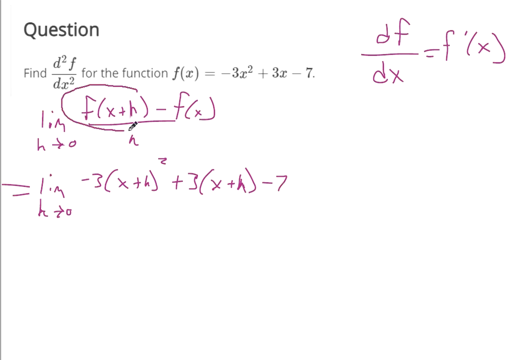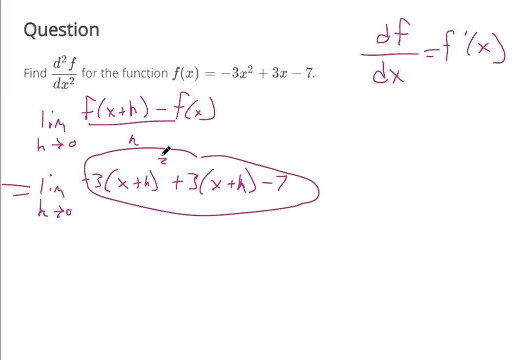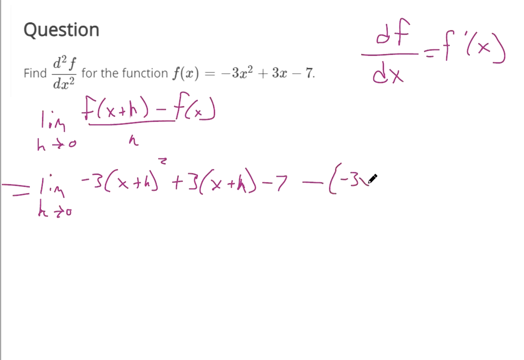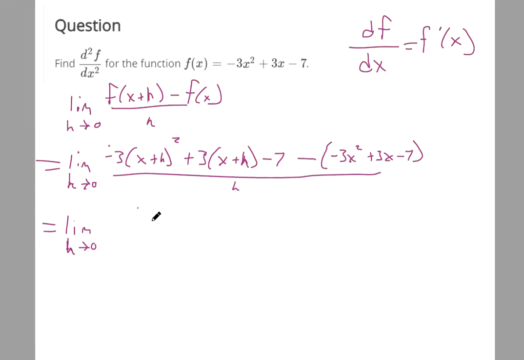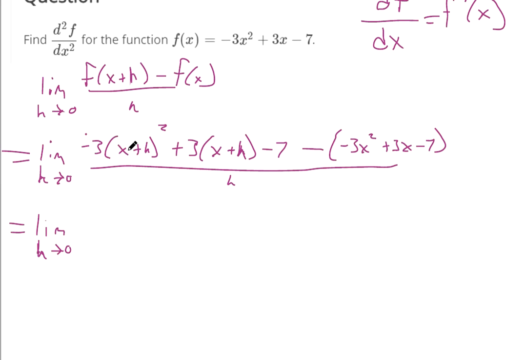And then, okay, so all I've done so far is write this out. And I need to subtract f of x, and then divide it by h. Okay, so now it's a bunch of algebra. I have a divide by 0 problem if I was to just plug in my limit right now. So I've got to simplify somehow. Distributing this, I just did in another video, so this is why I'm able to do it so quick.